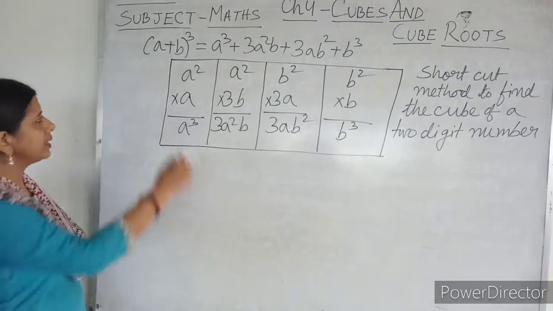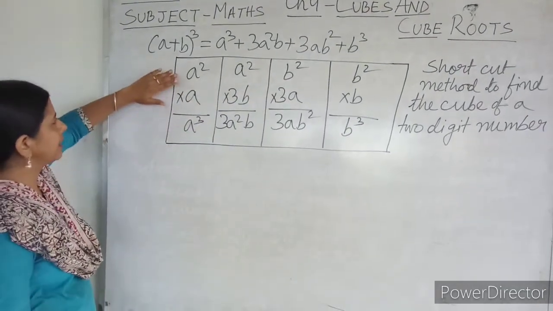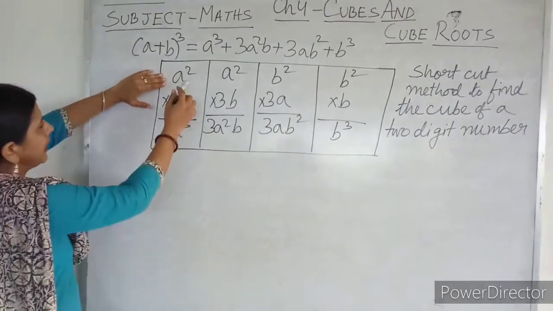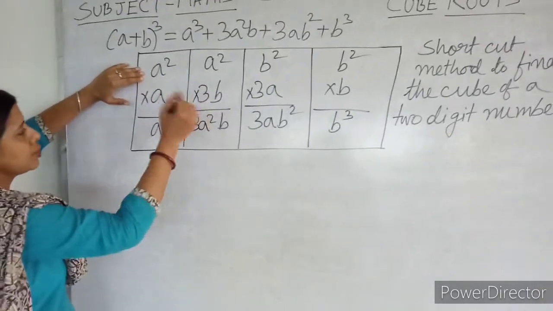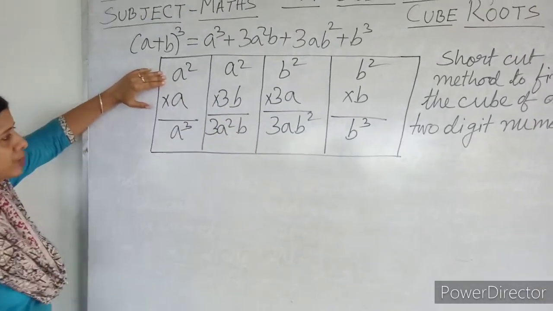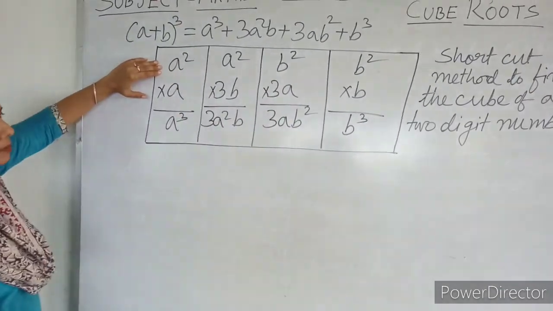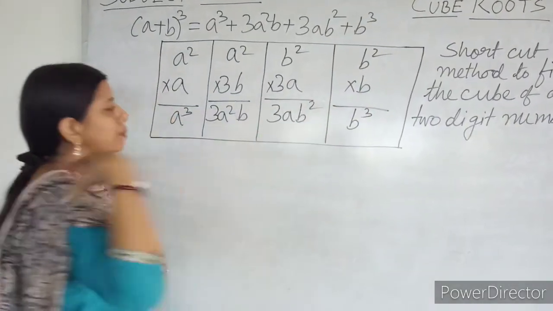The first number is a and the second number is b. a into a square gives a cube. a square into 3b gives 3a square b. b square into 3a gives 3ab square. And b square into b gives b cube.